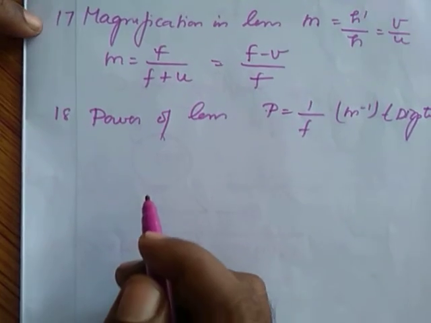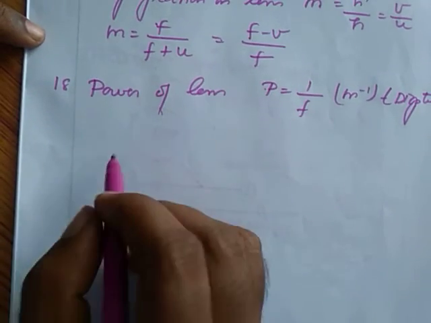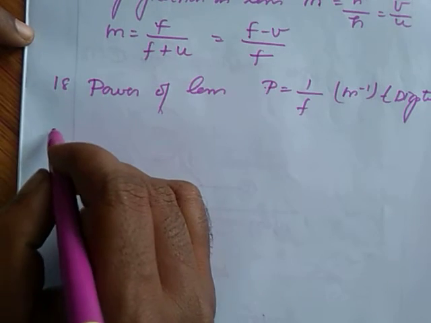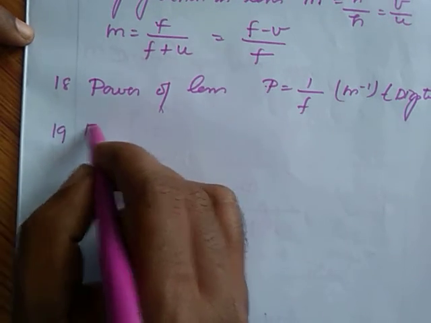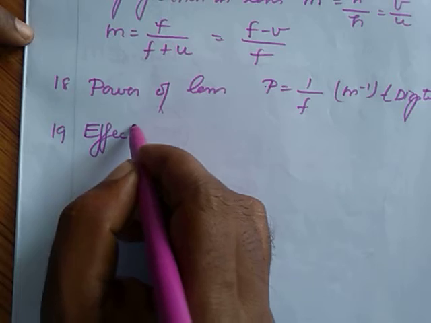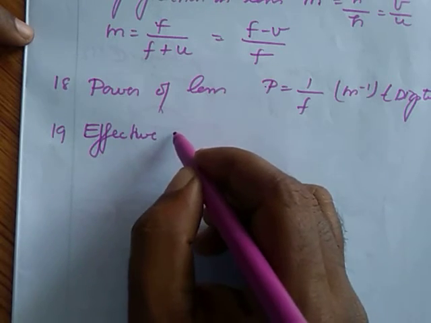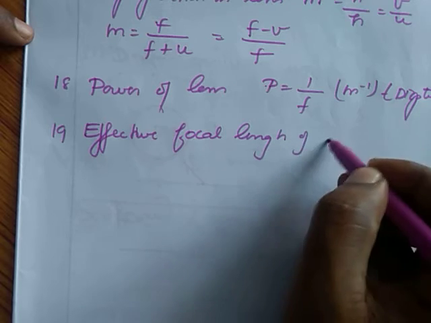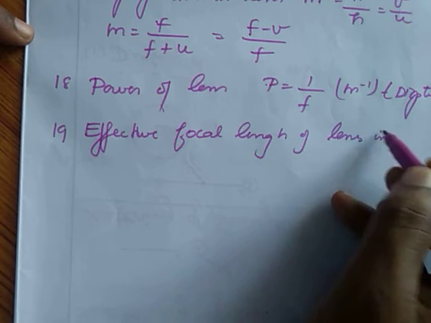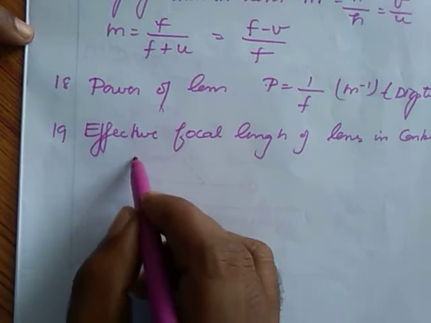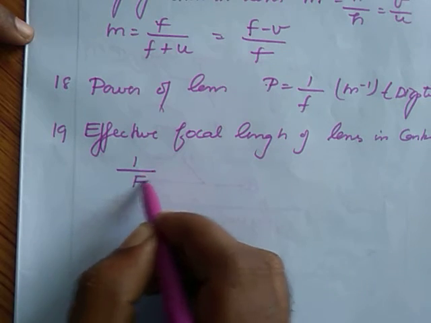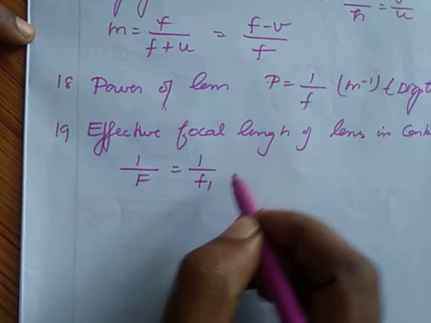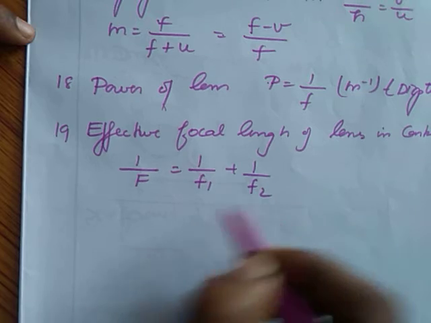Okay, the next, effective focal length of lenses in contact, that is 1 by F is equal to 1 by F1 plus 1 by F2.